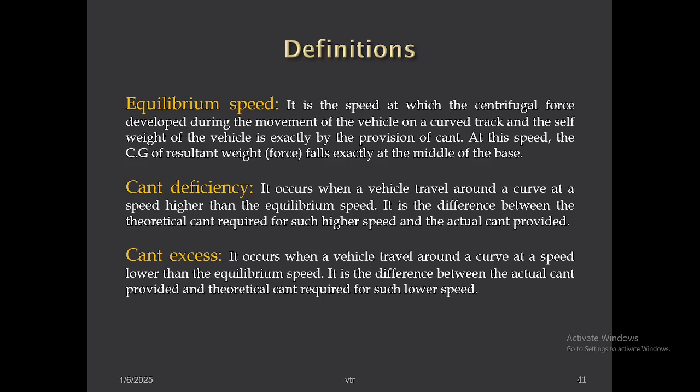We are providing less. Then there is a shortfall of cant, called cant deficiency. Actually, we require more for the particular speed, but we are providing less. The difference is cant deficiency.